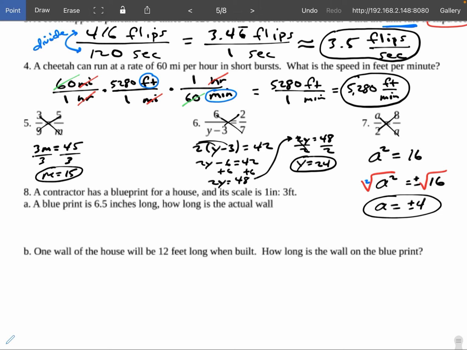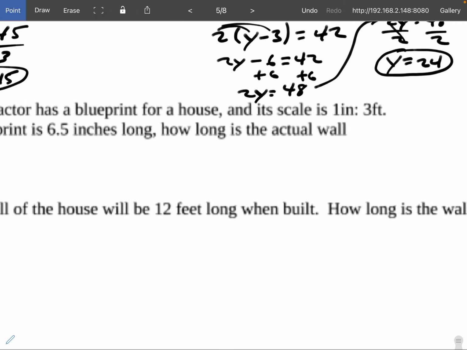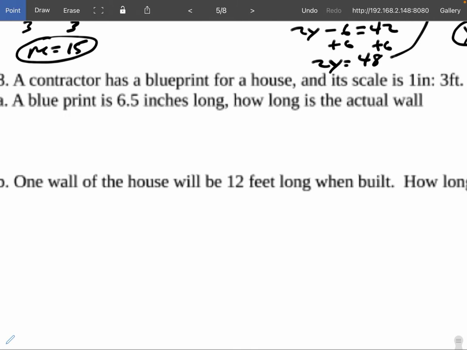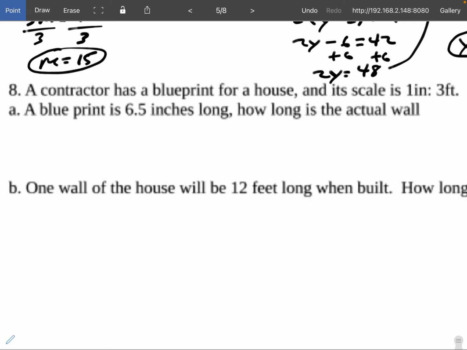So this is the last one for this section. This one says they're building a house. The plans for the house, that's called the blueprint. The blueprint says that the scale, every 1 inch on the plan is the same thing as 3 feet in the actual house.